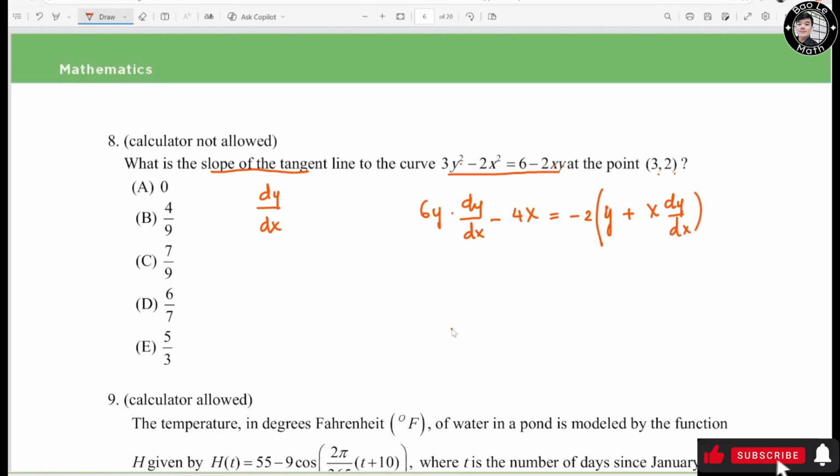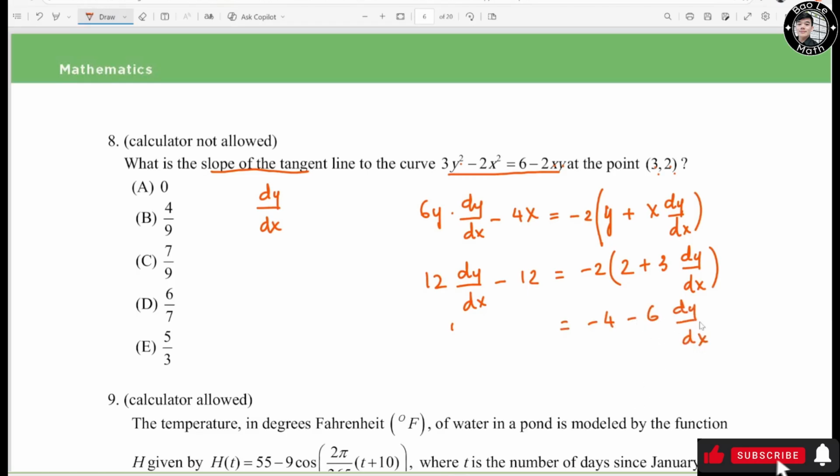Now I'm going to substitute values. So s equals 3, y equals 2. So I have 12 dy over ds minus 4 times 3 equals 12, equals negative 2 times 2 plus 3 dy over ds. Now I need to solve for dy over ds. So right here I just distribute, negative 4 minus 6 dy over ds.